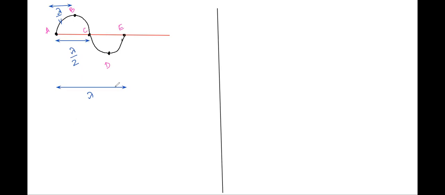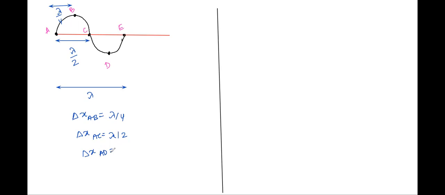Now let's say I talk about path difference. Path difference between A and B is lambda by 4, and path difference between A and C is lambda by 2. Now let's say I talk about path difference between A and E. Karuna, can you try?